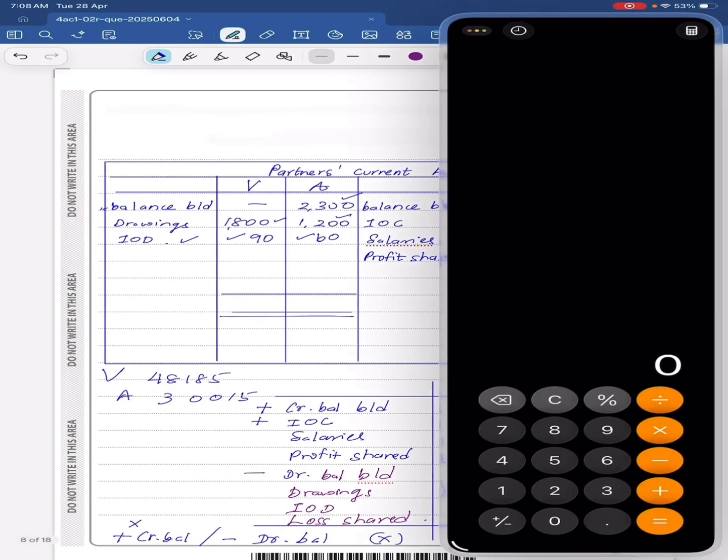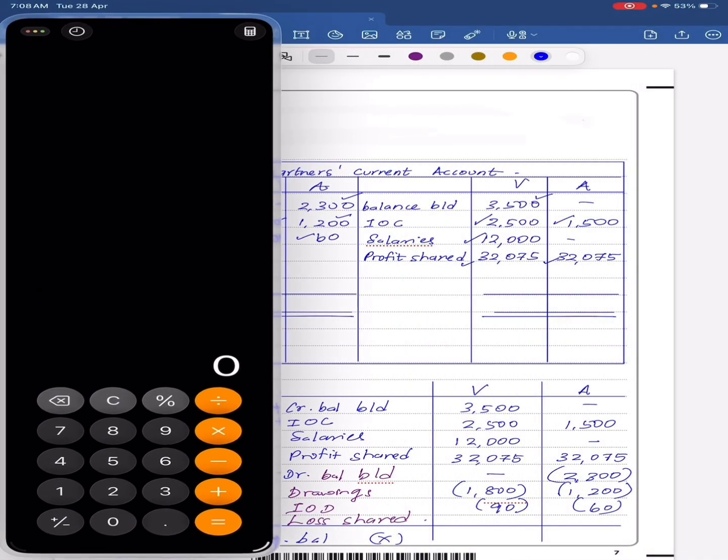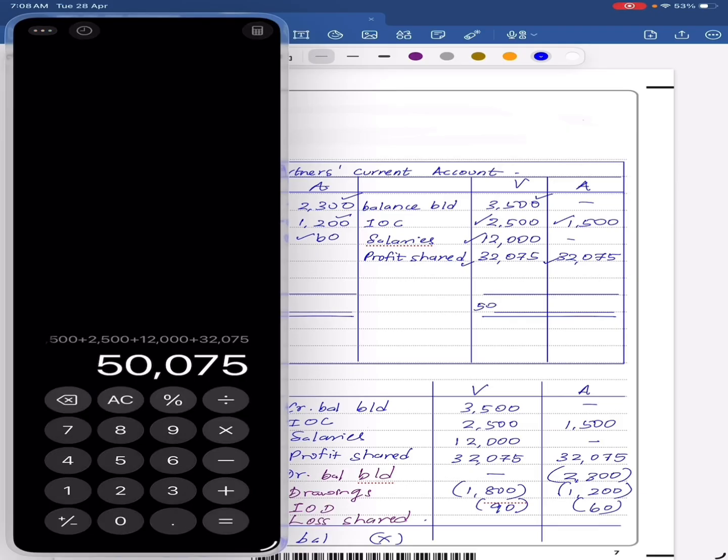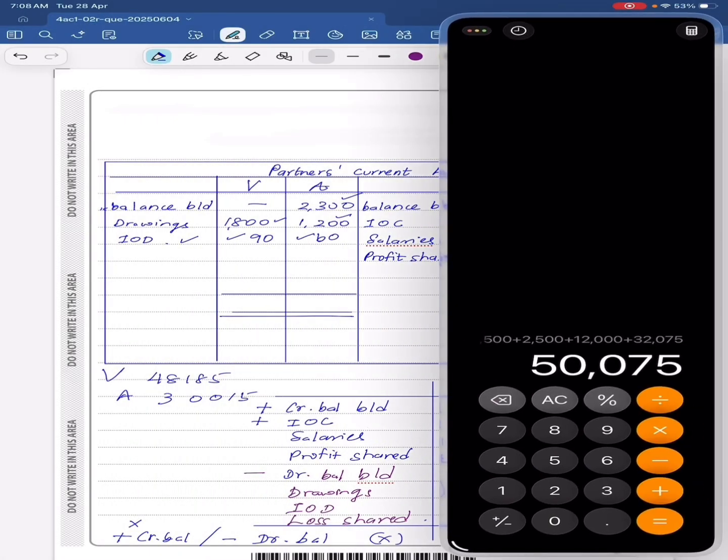Now let's balance off the current account. Let's complete Victoria first. So it's 3,500 plus 2,500 plus 12,000 plus 32,075 should give 50,075. Let's enter it on the other side, 50,075.